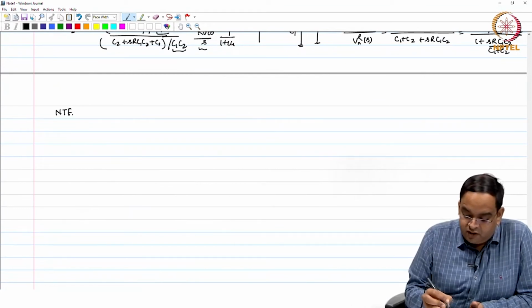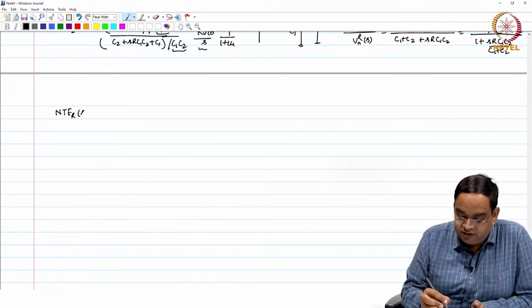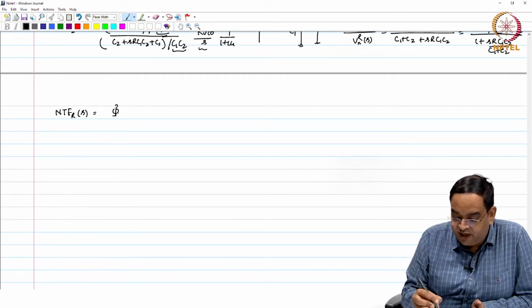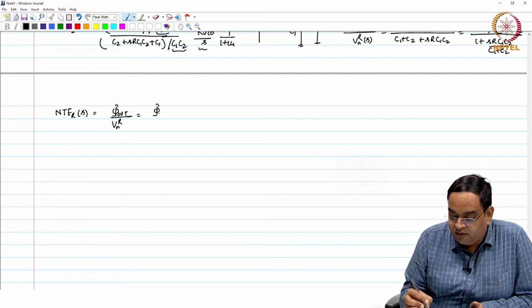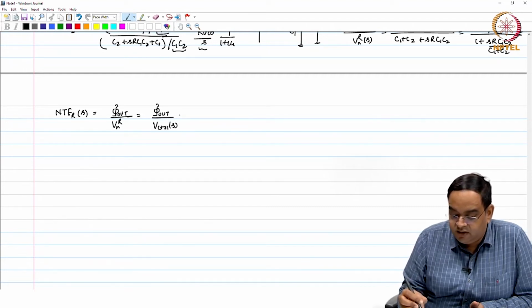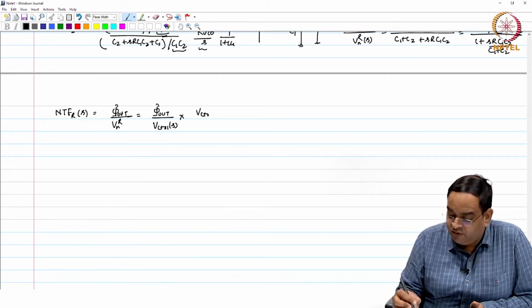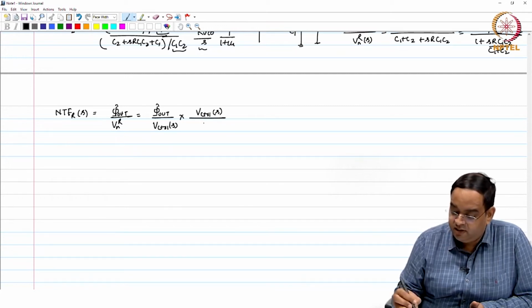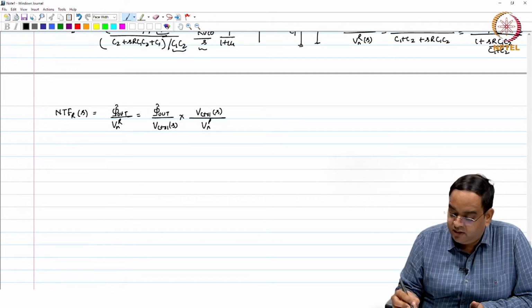NTF of R I am finding in two steps. One, I need to find phi out by VNR. I am finding it like this: phi out by V control of S into V control of S by VNR.